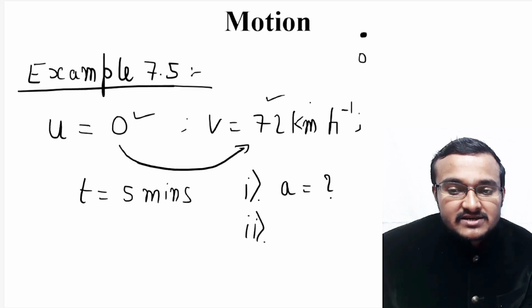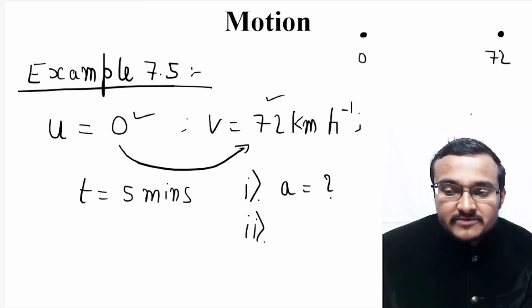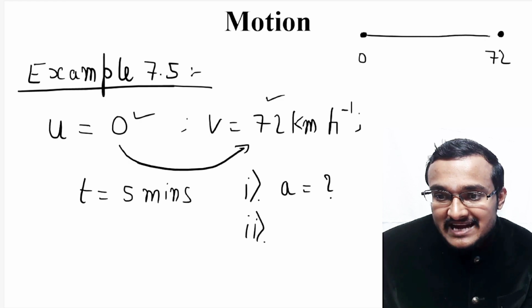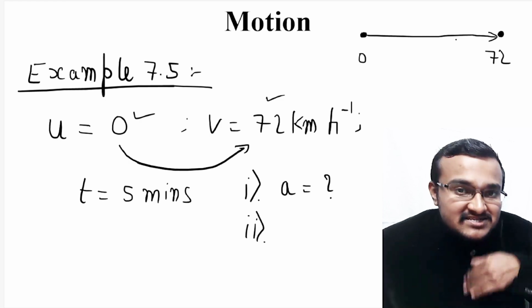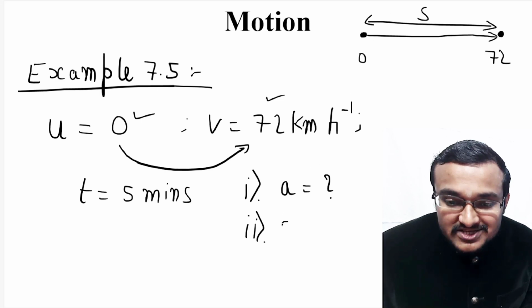At this point the velocity was 0, and at this point the velocity will be 72 km per hour. So how much distance has it traveled in 5 minutes by accelerating uniformly to reach this point? This is the distance, yes. So this will be your second question.